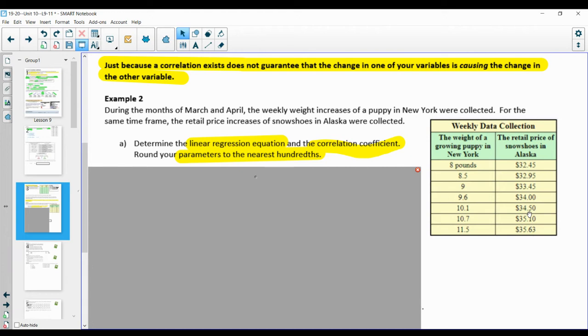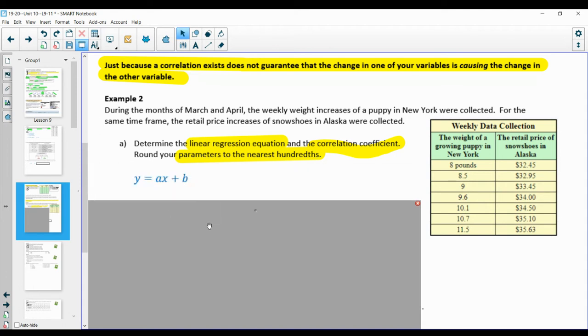So please take a few moments, enter the values into your calc, then determine the linear regression equation and the correlation coefficient. Make sure to round those parameters to the nearest 100th. Please pause the video to do that now.